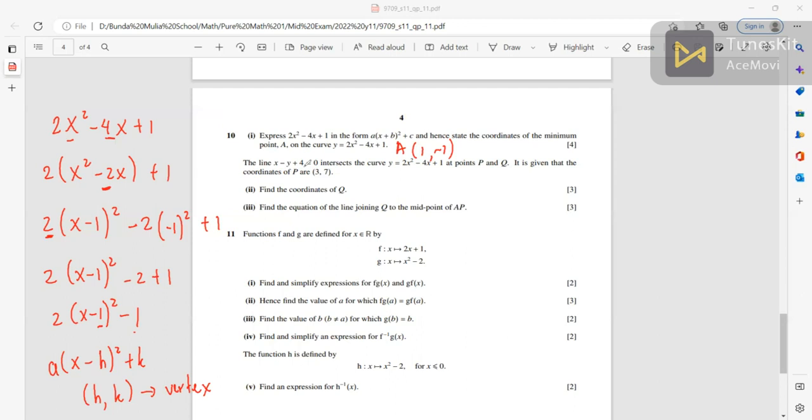The line x minus y plus 4 equals 0 intersects the curve at points P and Q. Find the coordinates of Q. For this one, we can find the intersection just by substitution. So y equals x plus 4.